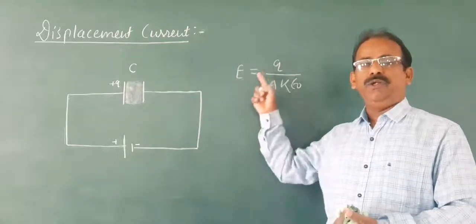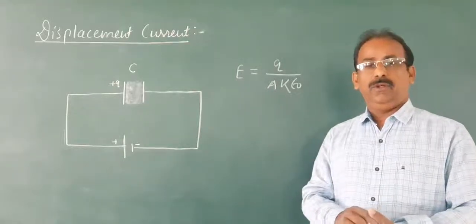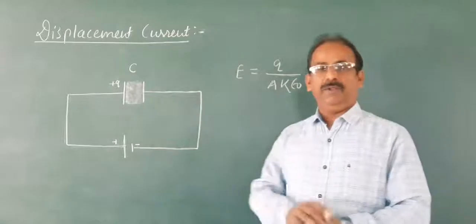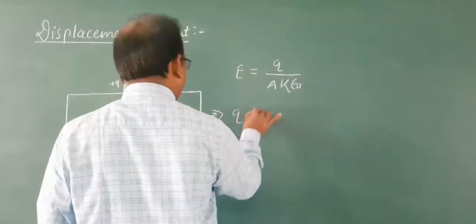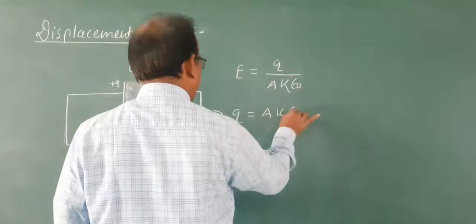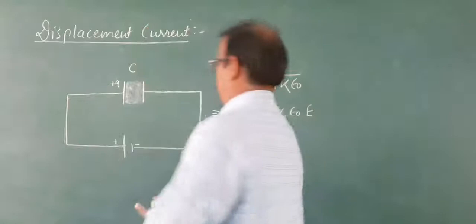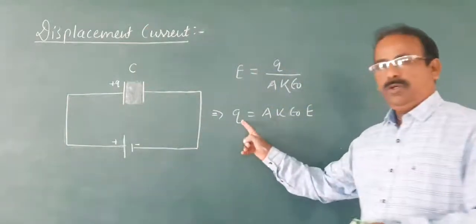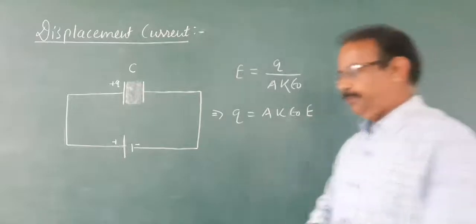In vacuum, Q upon A epsilon 0 only. This is the electric field in this dielectric medium. From this we get Q equals A into K into epsilon 0 into E.